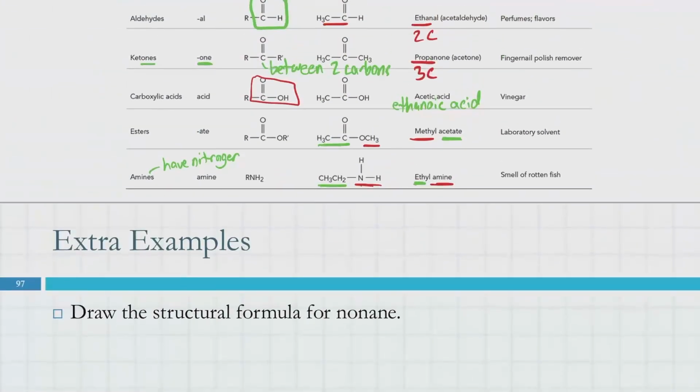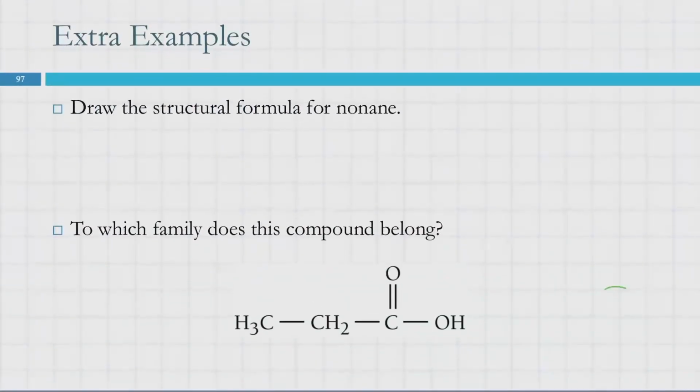And some other things, we also can have cyclo as a prefix. Cyclo means the compound has a ring structure.